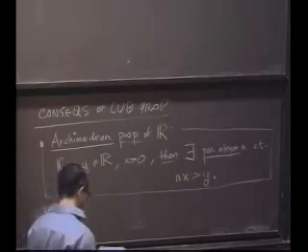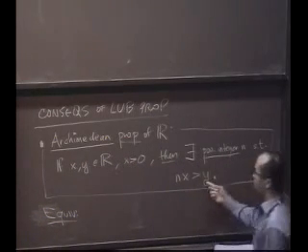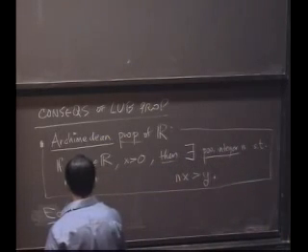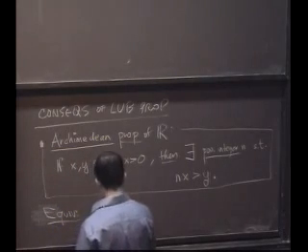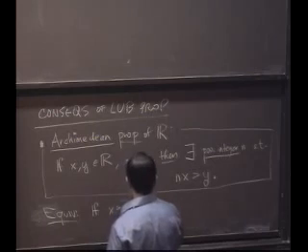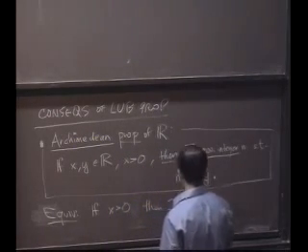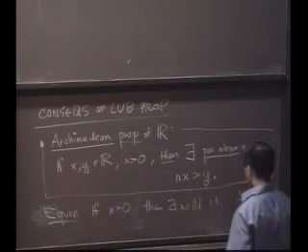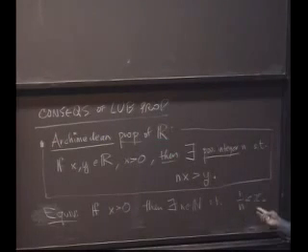I claim, if you like, if I just let y be 1, then really what this is saying is if x is bigger than 0, then there exists a natural number n such that 1 over n is less than x. So some reciprocal of a positive number is going to be eventually smaller than x.